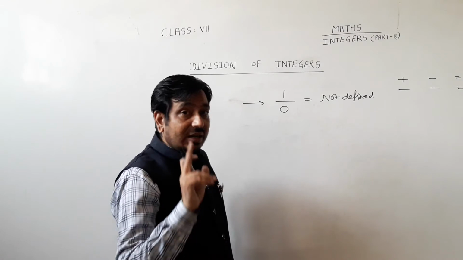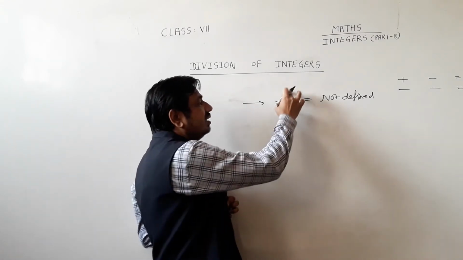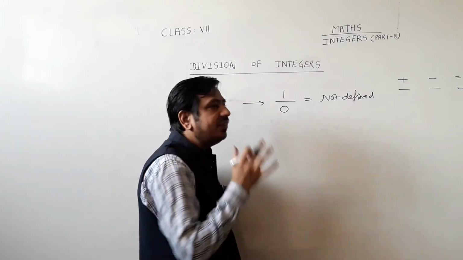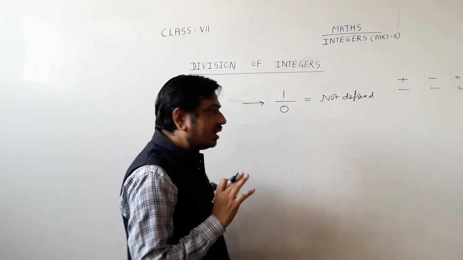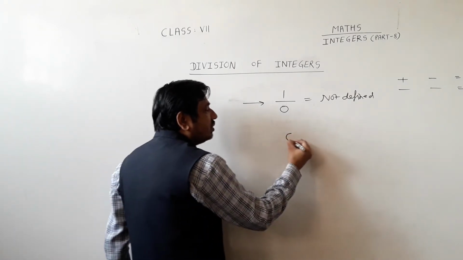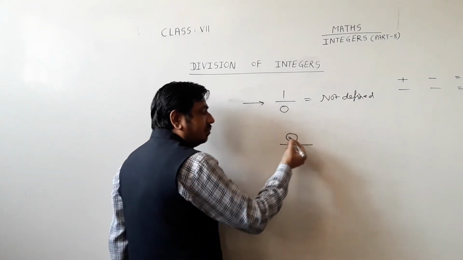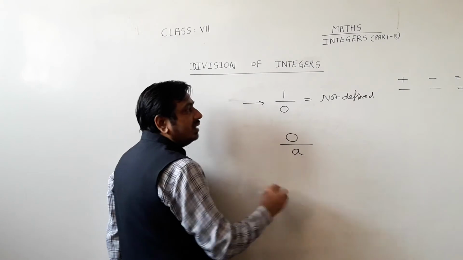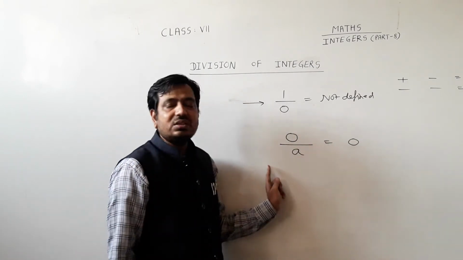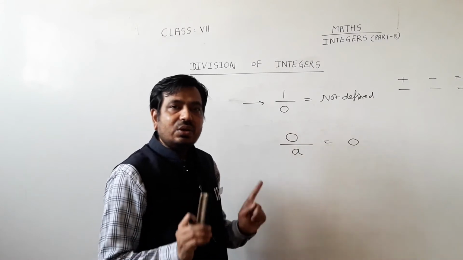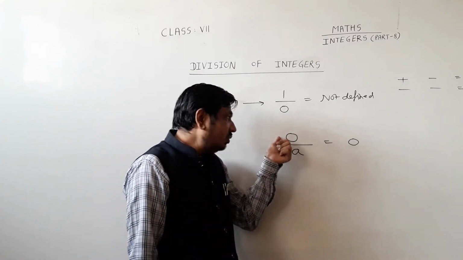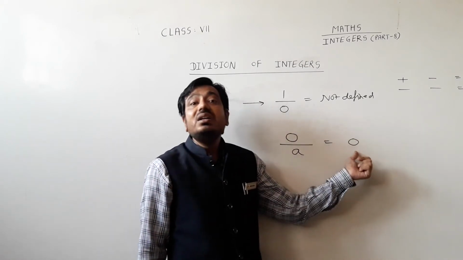Look here class, if any integer is divided by 0, it means the value is not defined. We can't divide by 0. But if you divide 0 by any number, you get 0. Remember these two things. We can't divide by 0. But if we divide 0 by any number, you get 0.